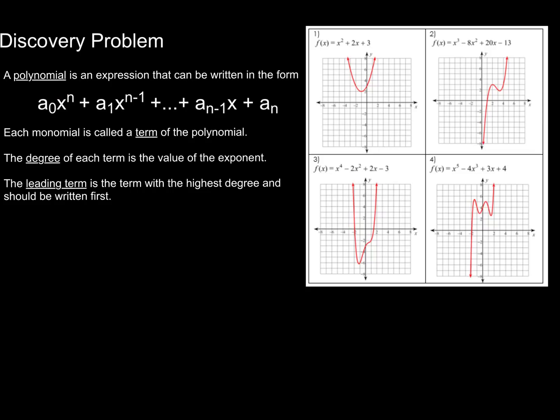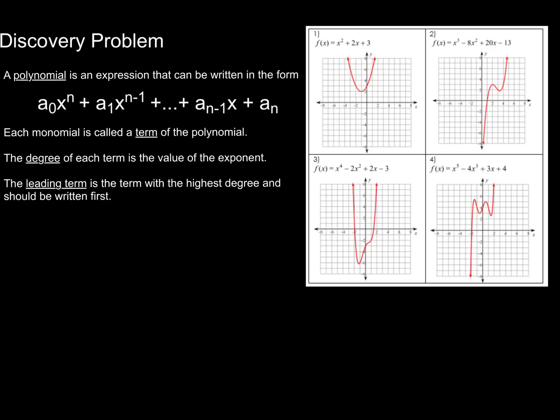A polynomial is an expression that can be written in the following form, and don't get too worried about all of this. First off, notice these a sub whatever. This would be called a sub 0, a sub 1, and so on, and the sub means below, right? All of these are the coefficients of each term.